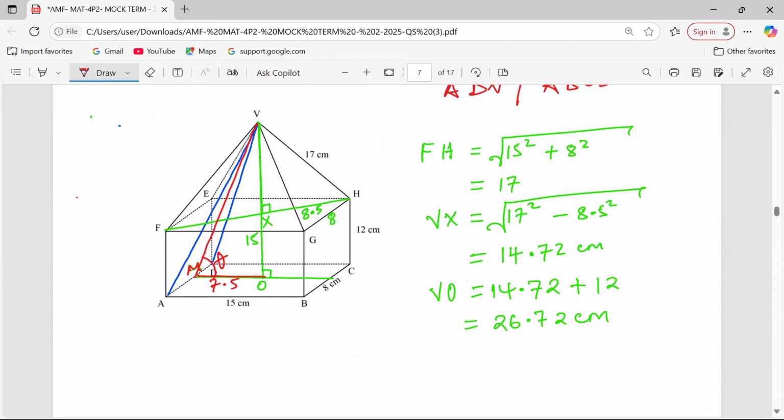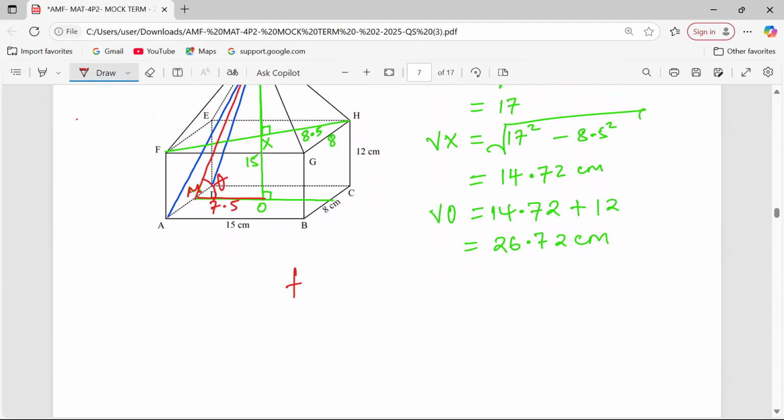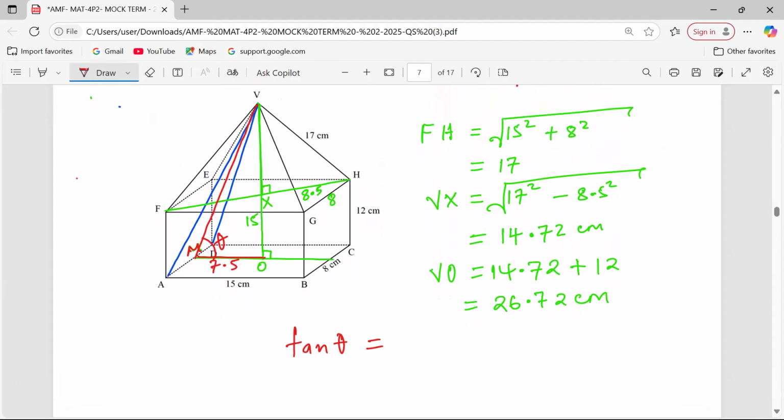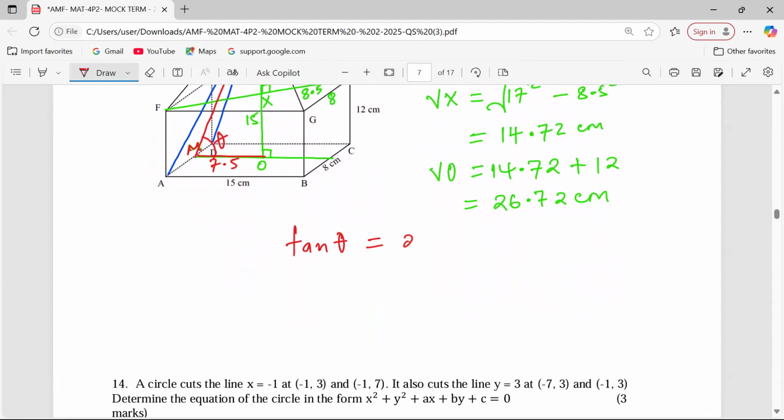Remember, we have the total height, and we also have the length from M to O. Therefore, the tangent of that particular angle is equivalent to the opposite length, 26.72, out of the adjacent length to that angle, 7.5.